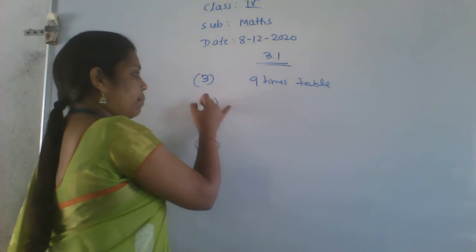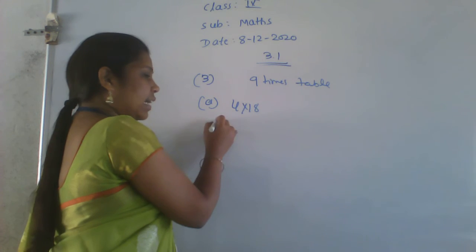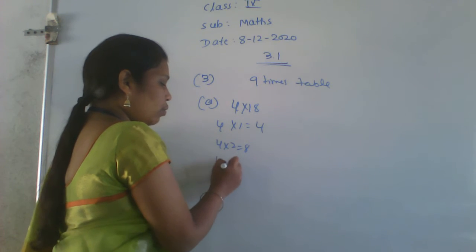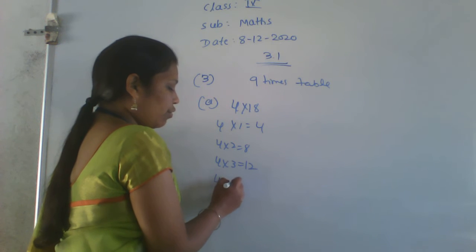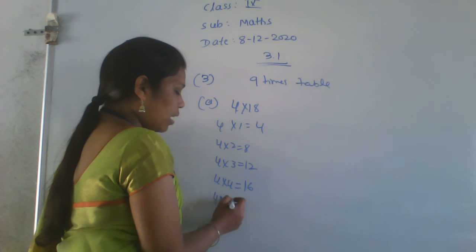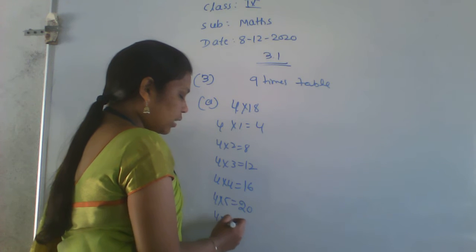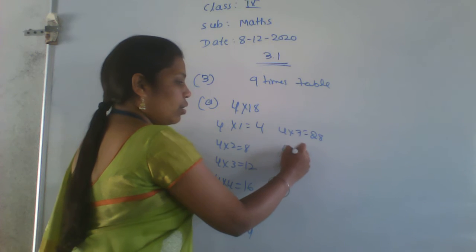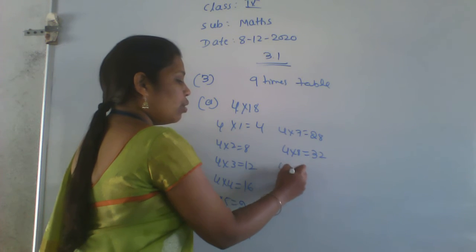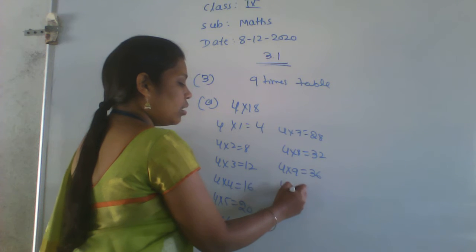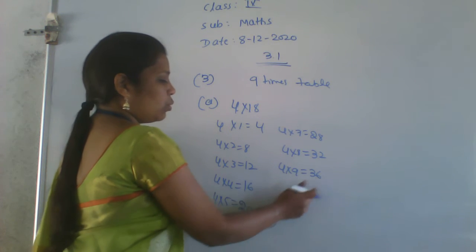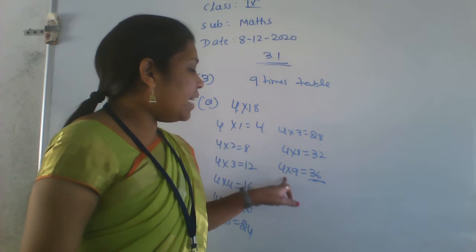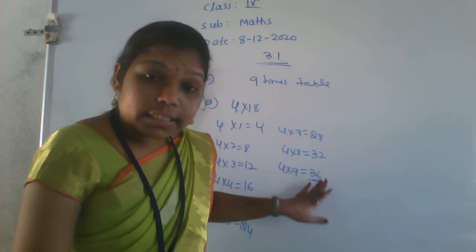Okay, I show one of the example here, 4 into 18. Write the table. 4 ones are 4, 4 twos are 8, 4 threes are 12, 4 fours are 16, 4 fives are 20, 4 sixes are 24, 4 sevens are 28, 4 eights are 32, 4 nines are 36, up to this much only, right? 9 times table. For 4, 9 times table, what is the number here? 36.